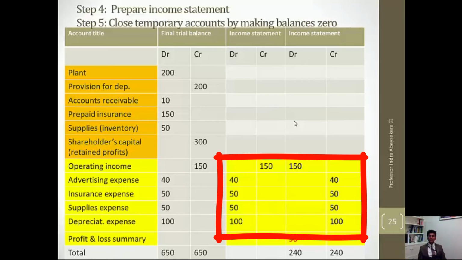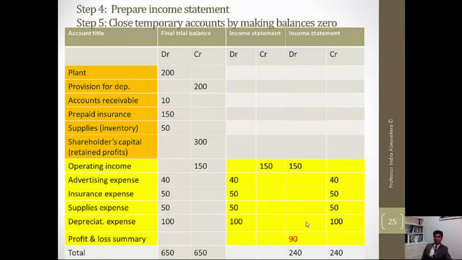We enter equal amounts of credits so that the balances in the expense accounts become 0. The difference between the two, to balance this journal entry, the debits should equal credits.